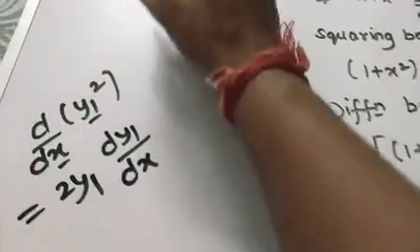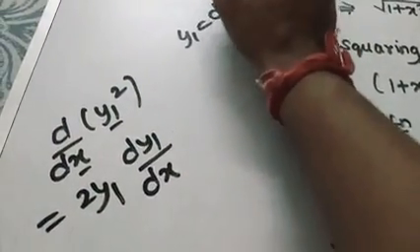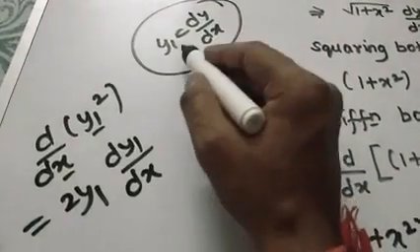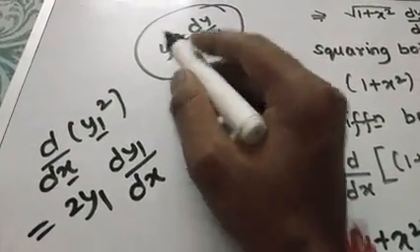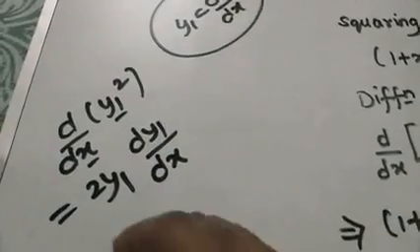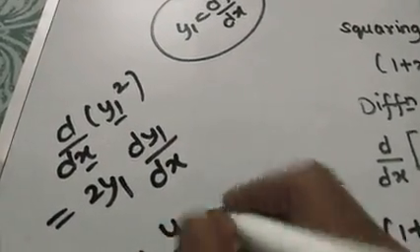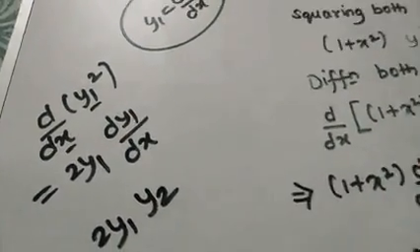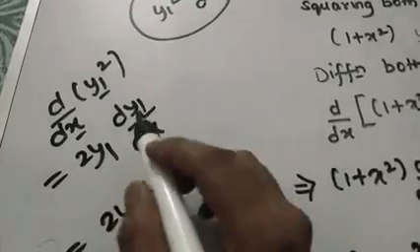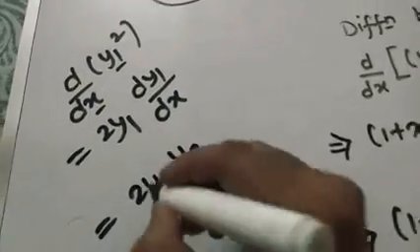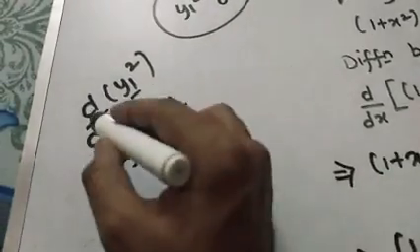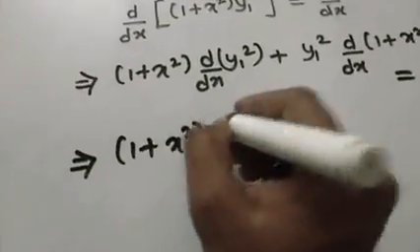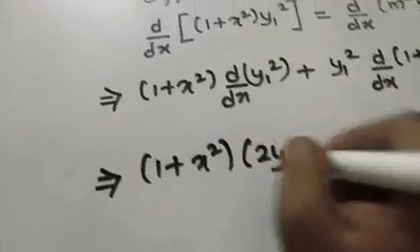Y1 means dy by dx, and further differentiating y1, that is nothing but your y2. At the starting of the question I have said that dy by dx is y1 and its derivative is y2. So finally d/dx of y1 square we can write 2y1 y2.